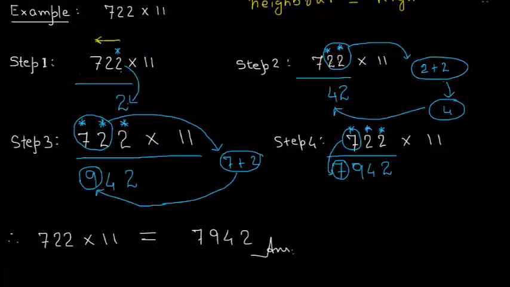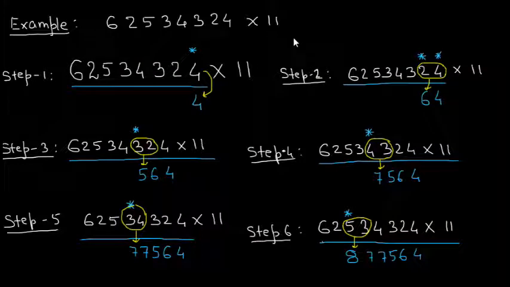Interesting also. Now, the next number is a bigger one. Don't worry, it is also very simple. So, as per the rule, the extreme right number, 4, we'll put as it is. No change. The next number, 2, we'll add with its right neighbor, that is 4.